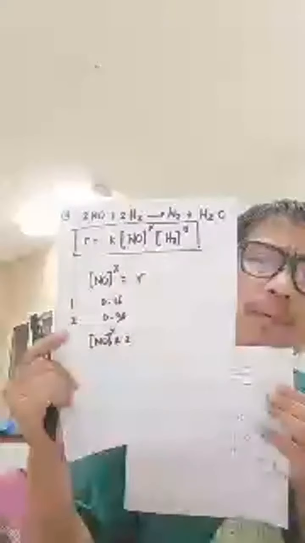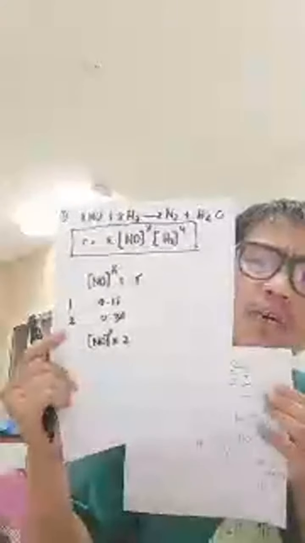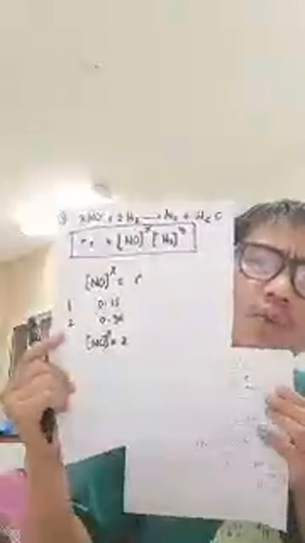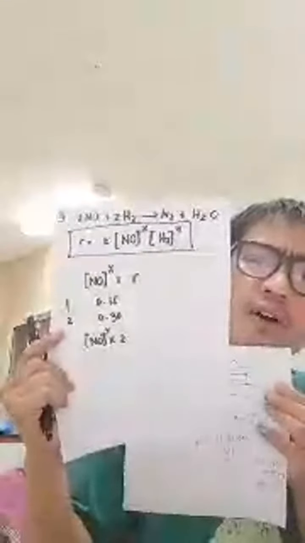So NO^x times 2, because from experiment 1 we have 0.15, experiment 2 is 0.30, so you multiply 0.15 by 2 and you get 0.30. So substitute: NO^x times 2 equals the rate.